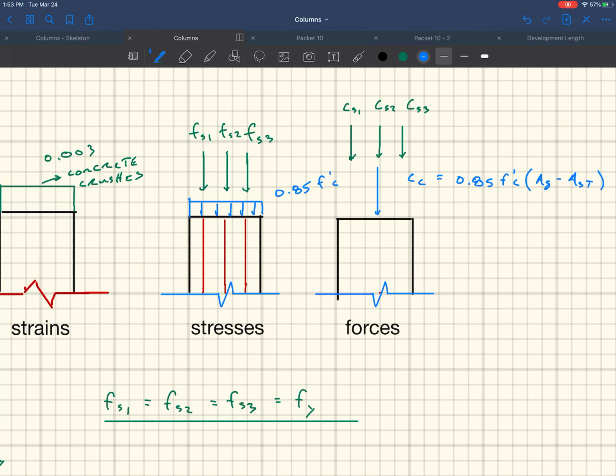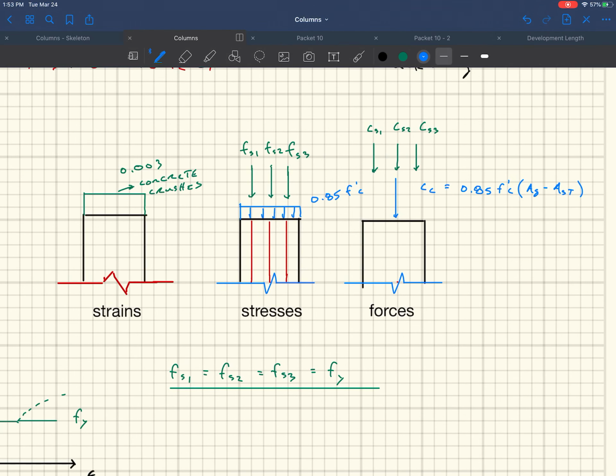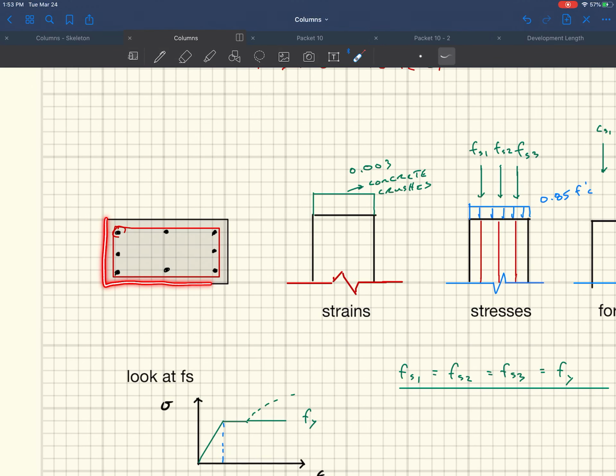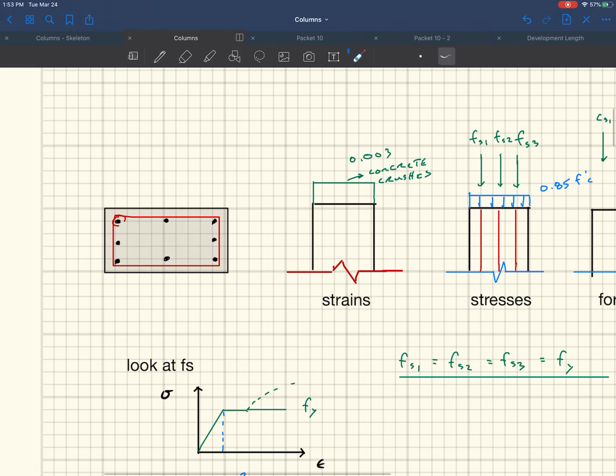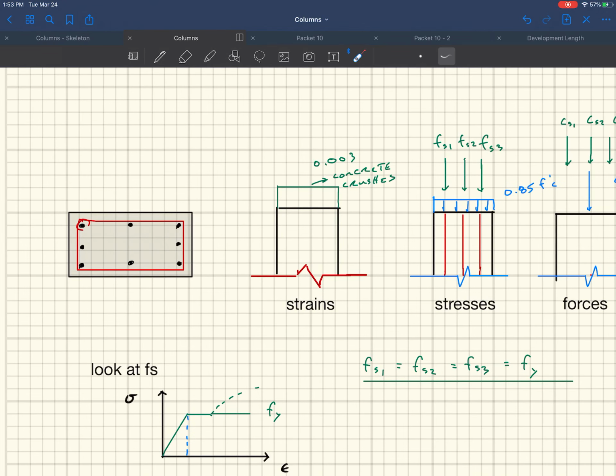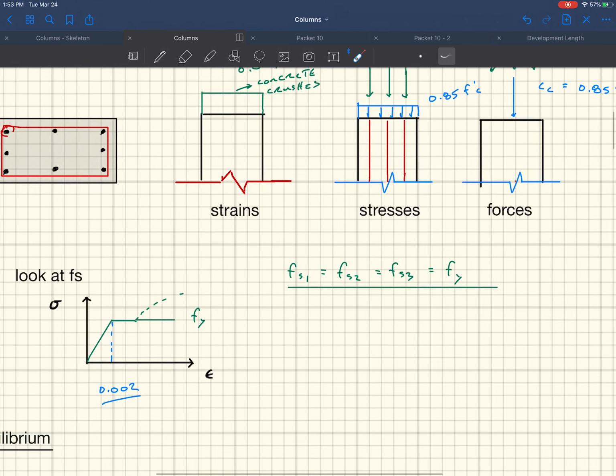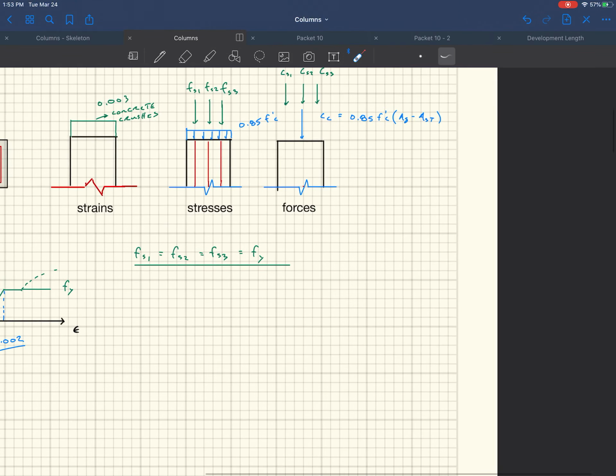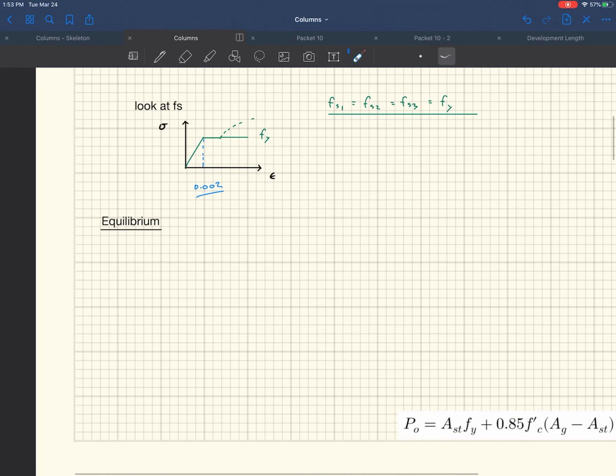So it's just taking this stress right here and multiplying it by the area over which it acts. The area at which it acts is over this whole area. That's the gross area, the whole area of the concrete, which is b times h, and then you subtract out how much steel there is, the total area of steel, all of these pieces of rebar. You subtract out those components right there. And so that's what that equation is up above.